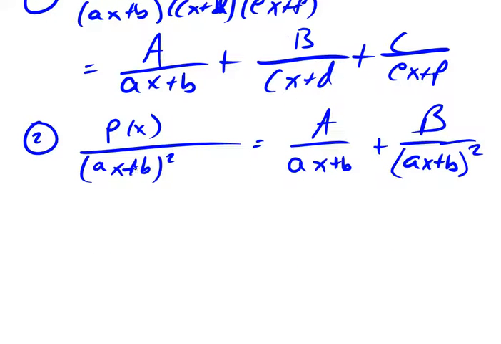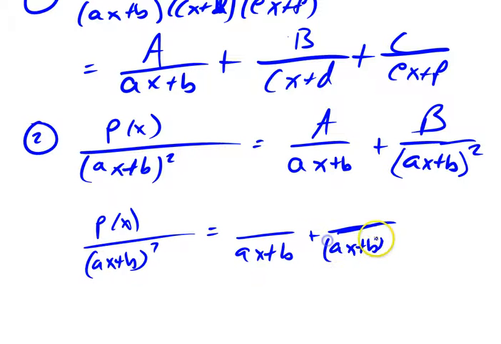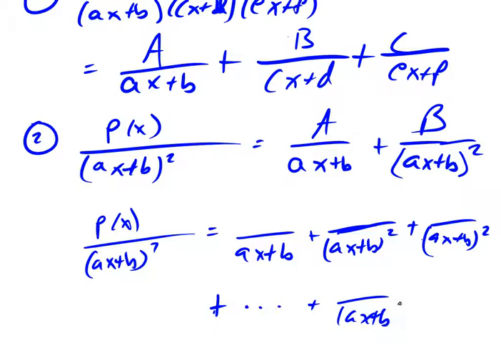If I had p of x over ax plus b to the 7th power, well, I would use ax plus b, ax plus b squared, plus ax plus b cubed, and I just keep going until I got to ax plus b to the 7th power.